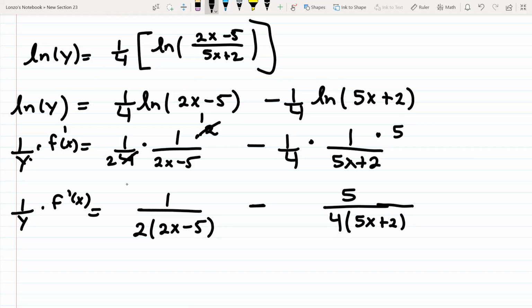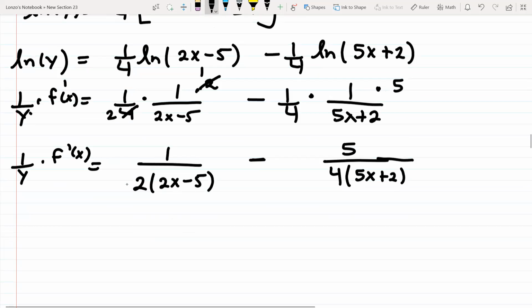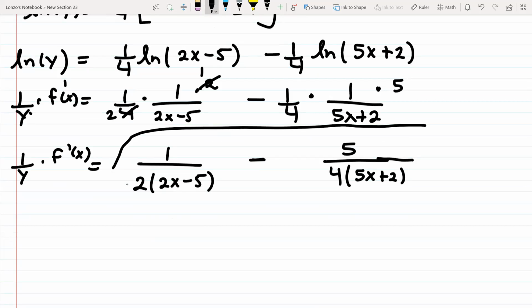So before I get rid of this 1 over y by multiplying both sides by y, let's simplify this side right here. So you're subtracting fractions, and when subtracting fractions, you do need a common denominator. So what would be my common denominator? We have a 2 and a 4, so it would be 4, right? So your common denominator would be 4 times (5x plus 2) times (2x minus 5).